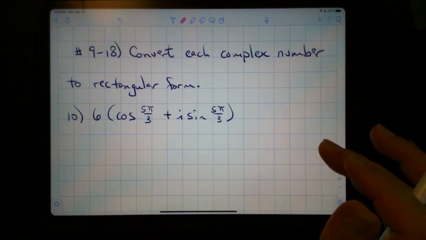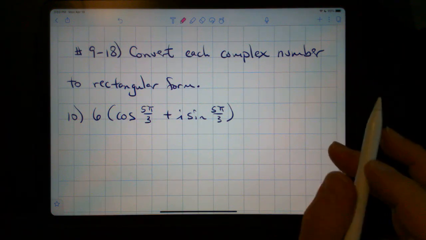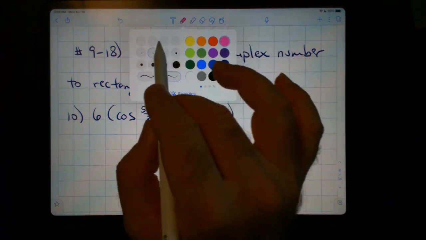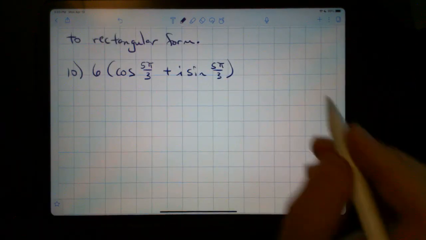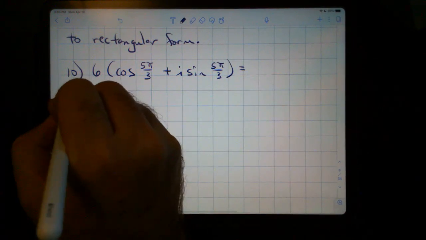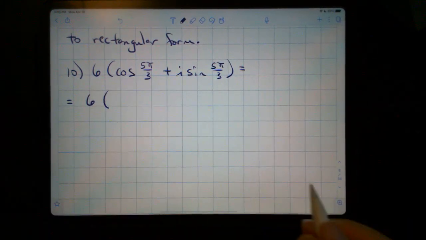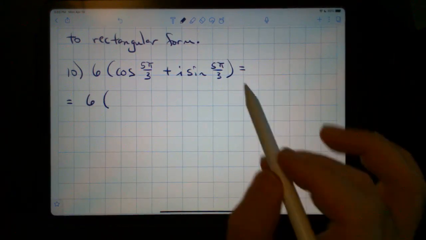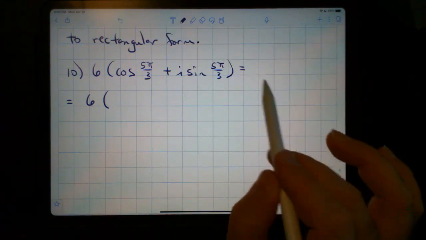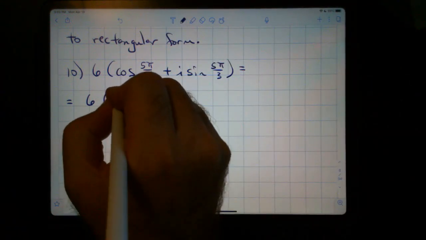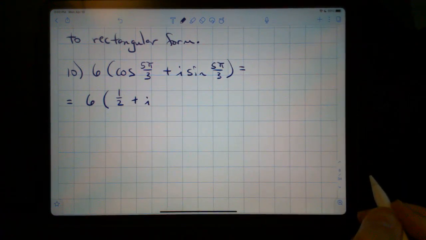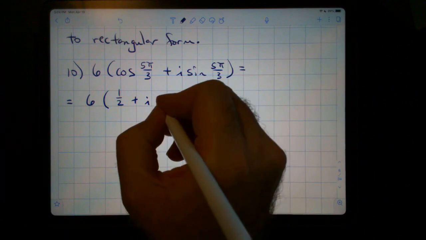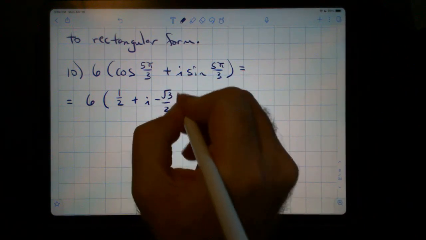Convert each complex number to rectangular form. So this is the same thing as cosine of 5 pi over 3, that's going to be 1/2, and sine of 5 pi over 3 is negative radical 3 over 2.